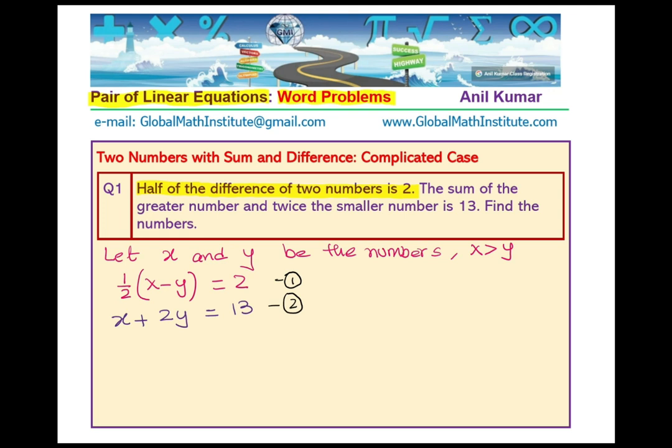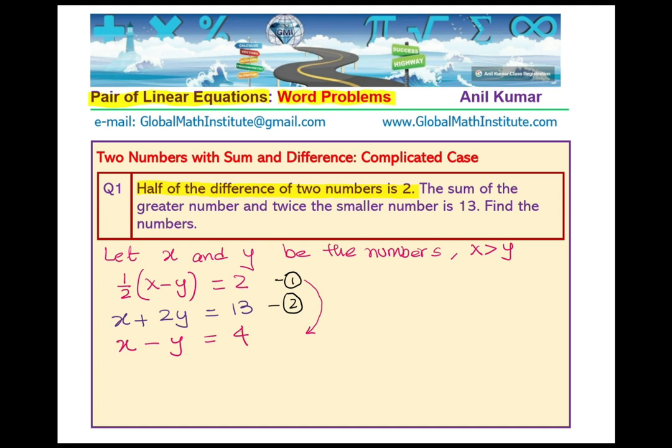At this stage, once you have two equations, you need to decide whether you want to use substitution method or elimination. So what we can do is rearrange equation number 1, multiplying both sides by 2, we can get x minus y equals 2 times 2, which is 4. Makes sense, right?